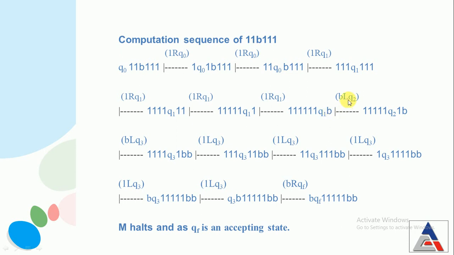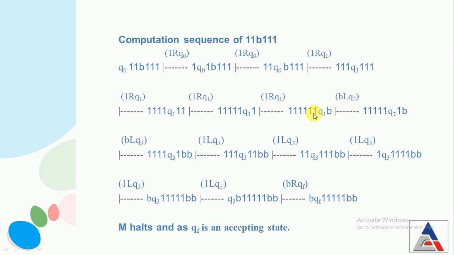Now your direction changes. That is the reason I have changed my state from Q1 to Q2, because you have to move backwards until you reach the starting position according to step number 3, right? So B will remain as such and the direction is left, and your head will move towards this position.